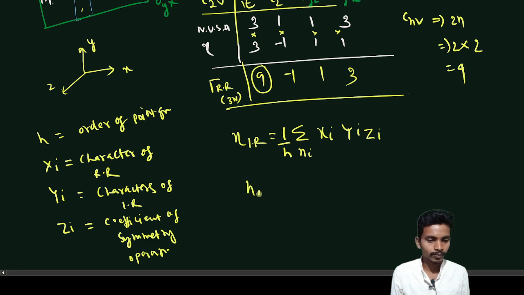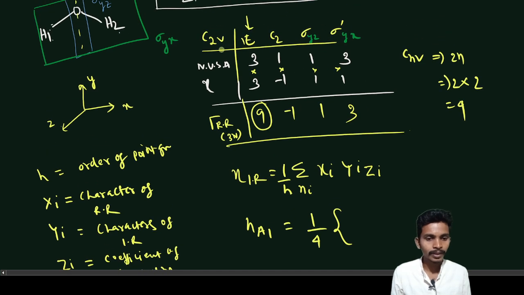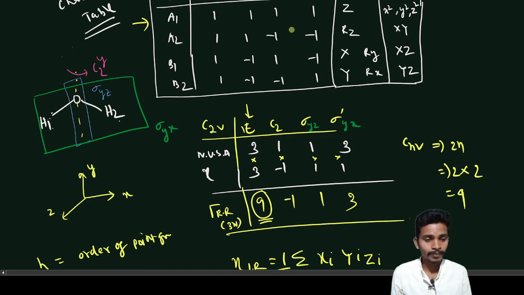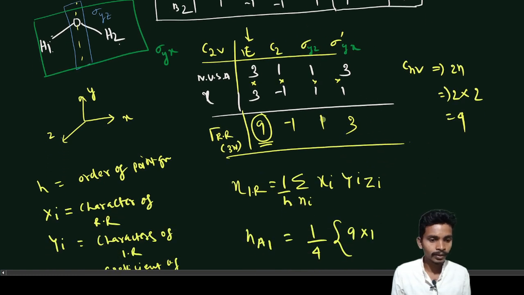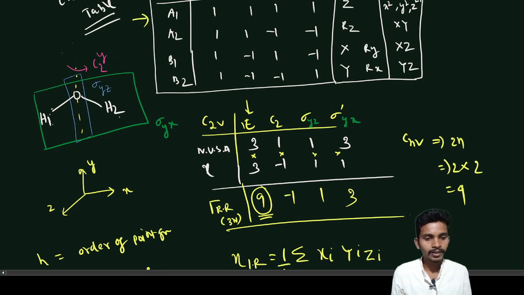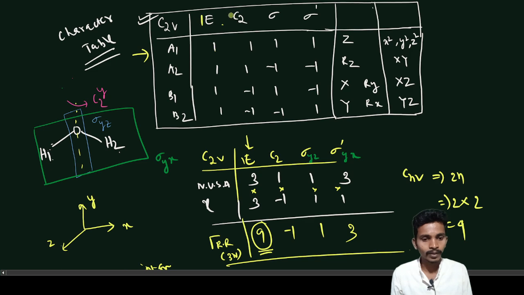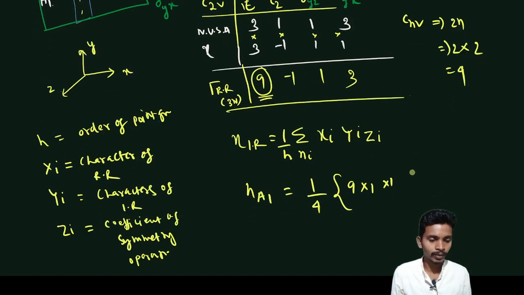So I am calculating for A1: 1 upon 4, and the characters of the reducible representation, the character is 9. So 9 into the irreducible representation, corresponding to E is 1, and the coefficient is 1.